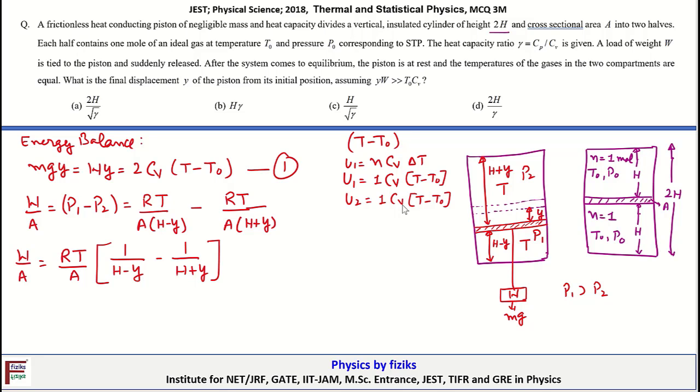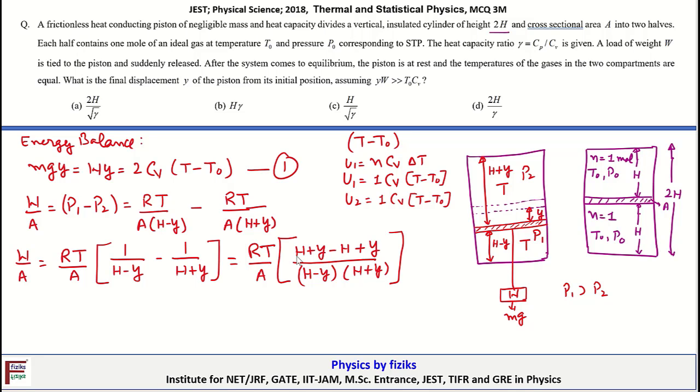And that can be solved further, that is equal to RT upon A into (h plus y minus h plus y) divided by (h minus y) into (h plus y).